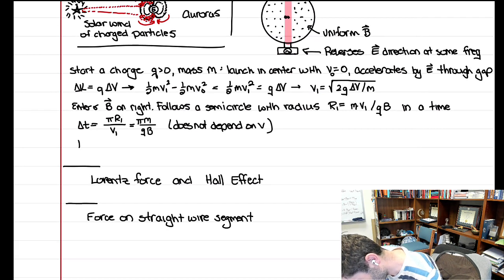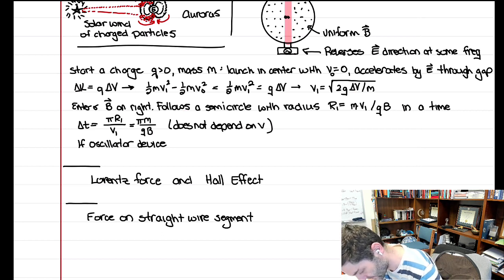So if the oscillator device, which you might get by some sort of alternating current device, flips the direction of E, then the particle accelerates again.